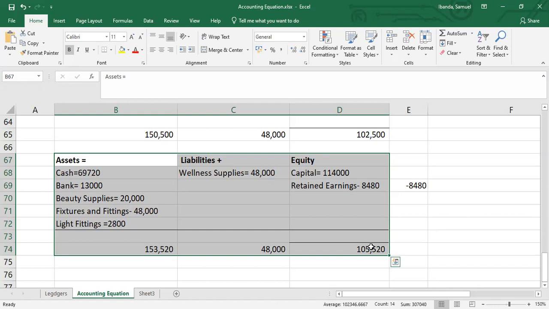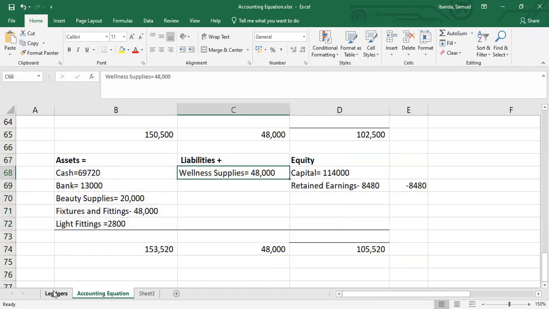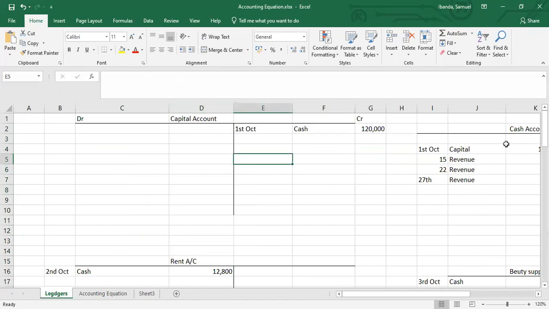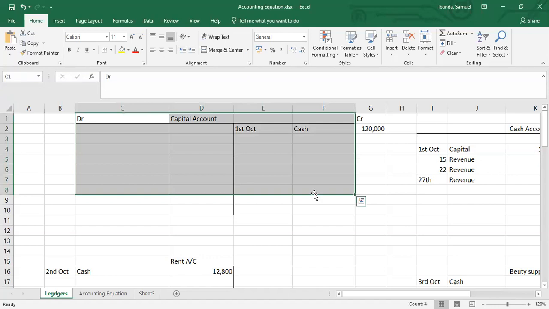Your last accounting equation that demonstrates how all your transactions are affected by the accounting equation transforms into itself as a balance sheet. So it's very important for us to have that. And then we did ledgers. We also did ledgers for each of the transactions we have at hand. So it's very important for us to have that in mind.